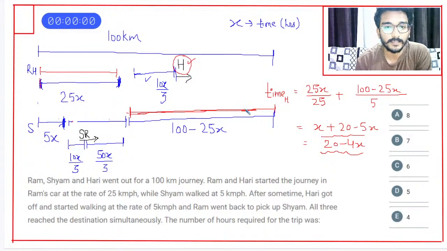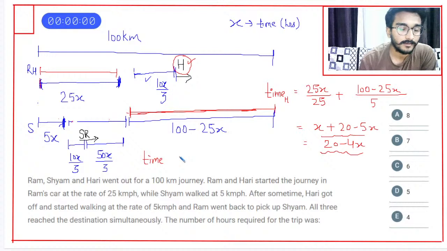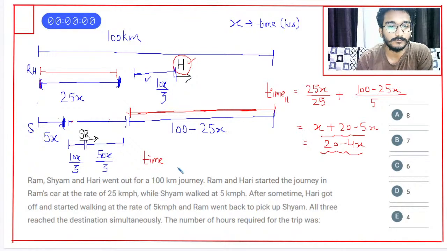Now similarly, I will find the time taken by anyone. Let me take Shyam. So Shyam has covered 5x first of all, with the speed of 5. Then he has covered, let me take it completely now, 10x by 3 also.